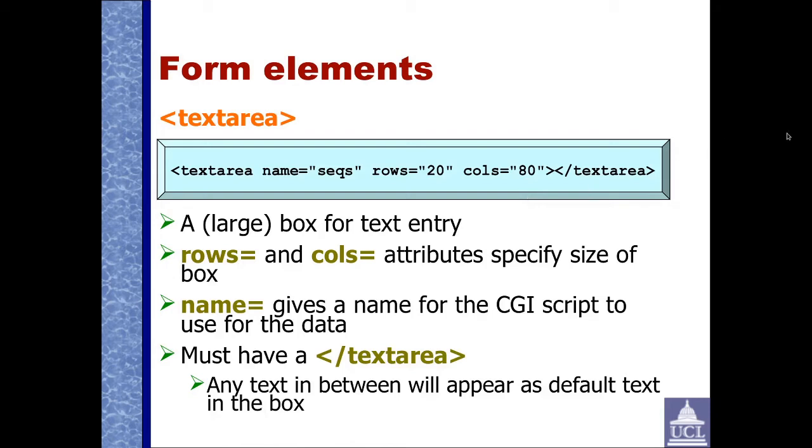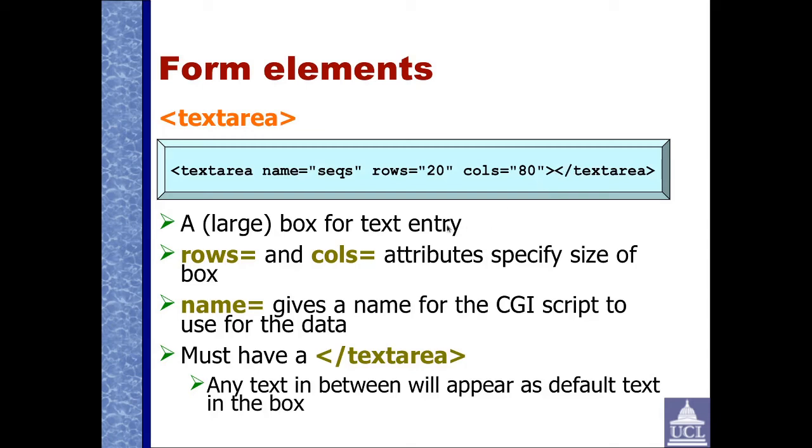The second type that we've seen already is the text area. In this case, this is not a self-closing tag. We have a text area and an end text area. Anything that appears between those opening and closing tags will appear as the default within the text area box.